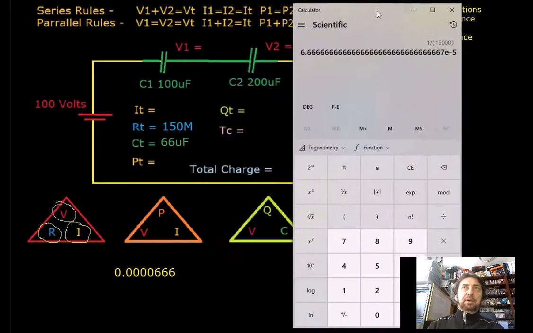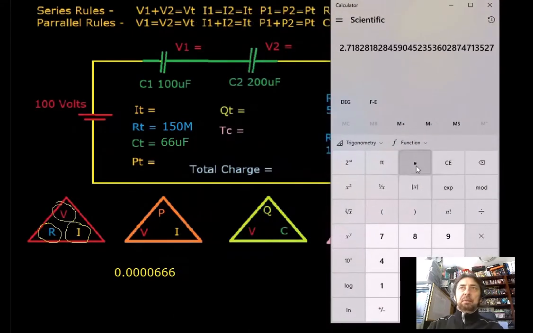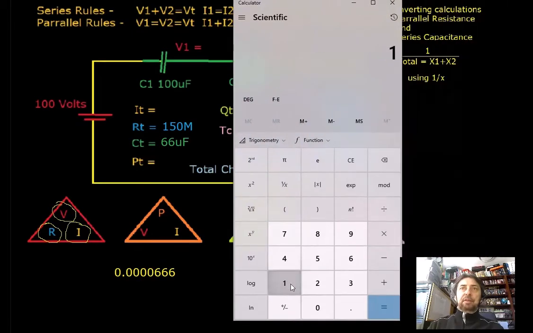So let's bring the calculator up again. 100 volts divided by 150 megs, which is 150 exponential 6. And we can equate that as, again, 6.66 to the minus 7.